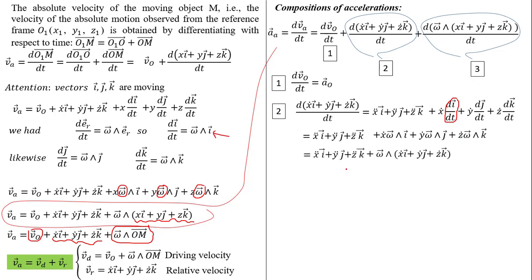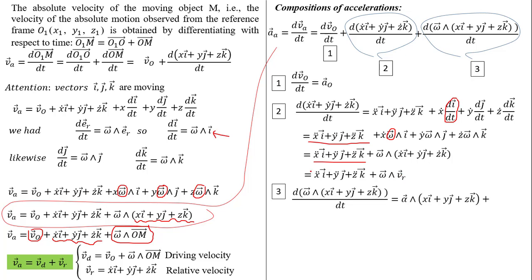Finally we'll keep all these as they are, and take again omega as a common factor, so we'll obtain plus omega cross x dot I plus y dot j plus z dot k. And what is x dot I plus y dot j plus z dot k? It's equal to Vr, the relative velocity.